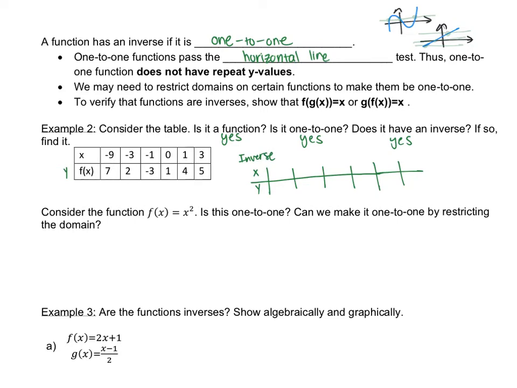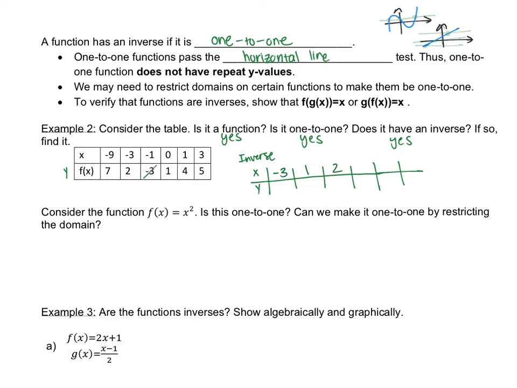All I'm going to do is switch the x's with the y's from the original. So I'm going to take the y values and make them my x values. I would have to put them in order, probably, so it'd be -1, 1, 2.